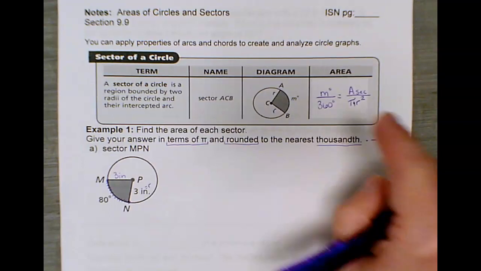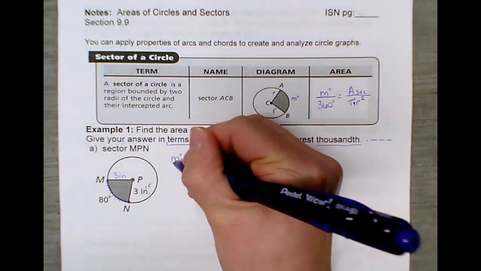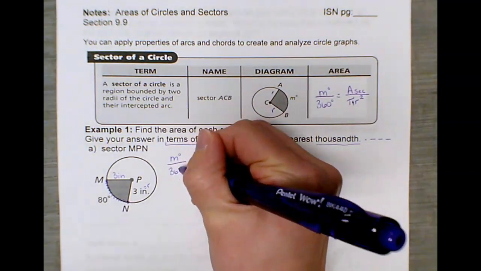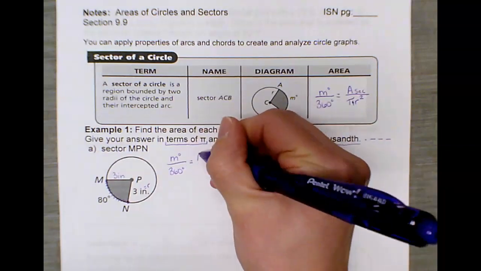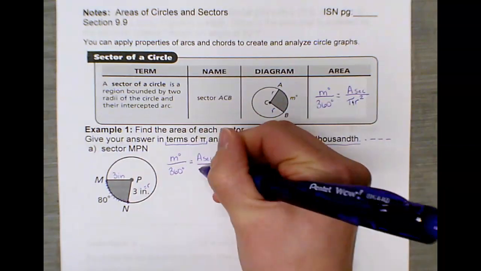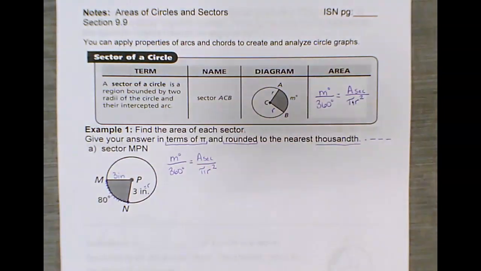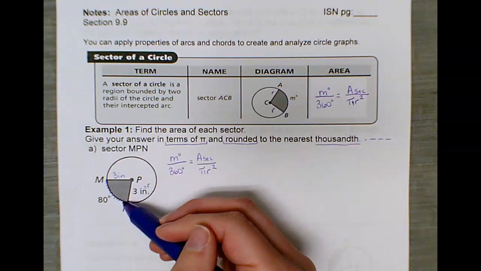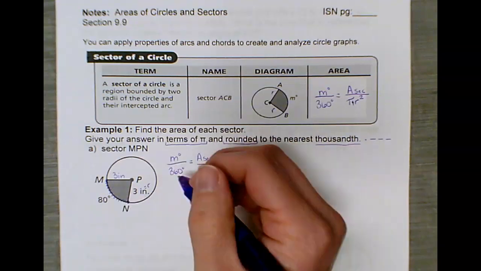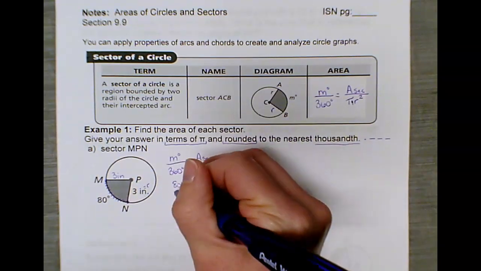So I'm going to write down my proportion so I can fill in all of the missing pieces. The arc measure out of 360 degrees equals the area of the sector out of the area of the whole circle. And I'm going to substitute the values that I know. So this intercepted arc right here has a measure of 80 degrees, so that's going to get plugged in for the arc measure.